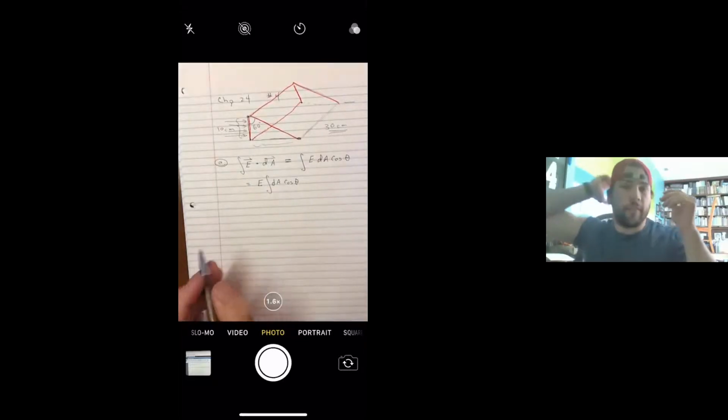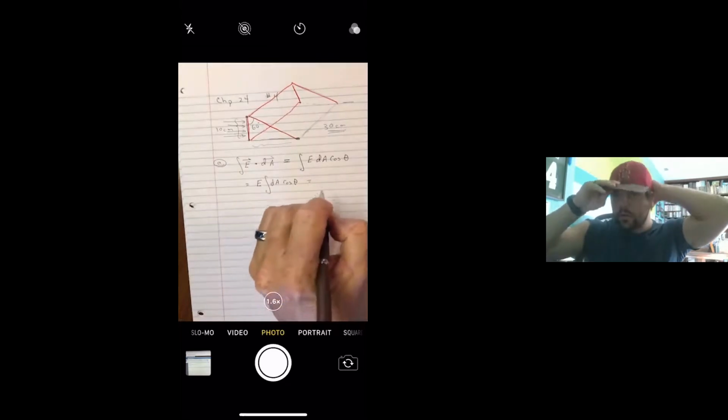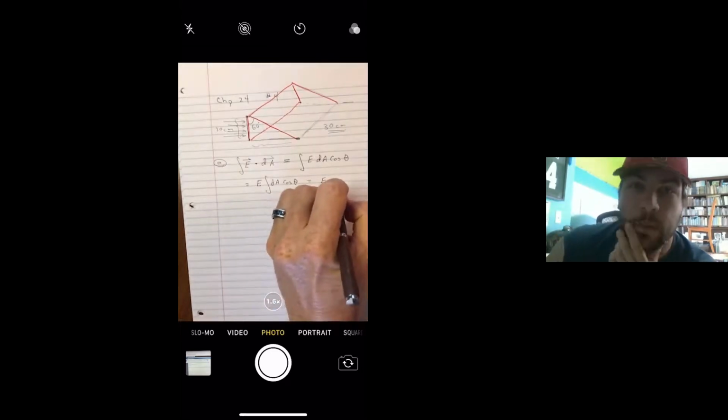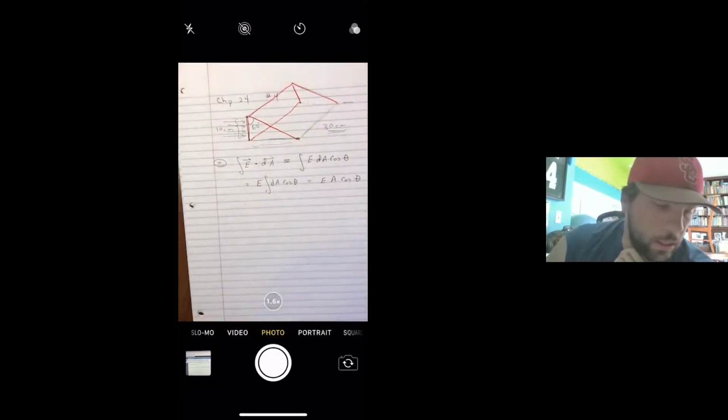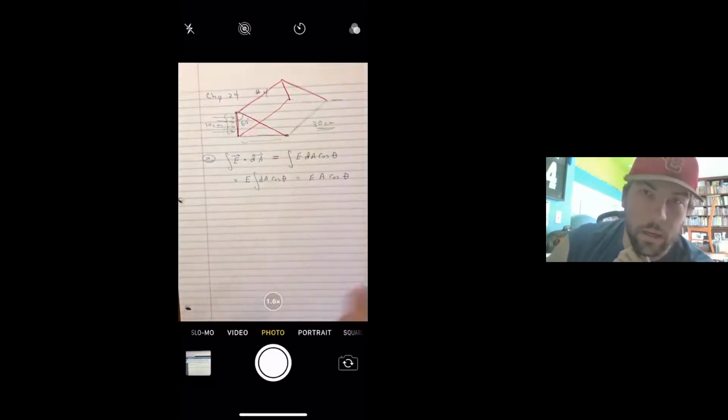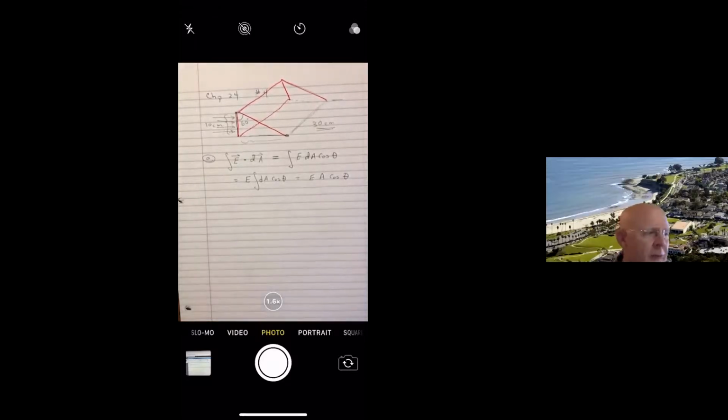If it's appropriate to skip the steps, is it okay on a test if I skipped these first three steps on this problem and just wrote EA cosine theta? Would I lose points? No, that's perfectly understandable.